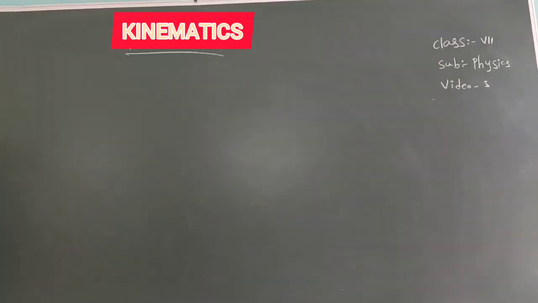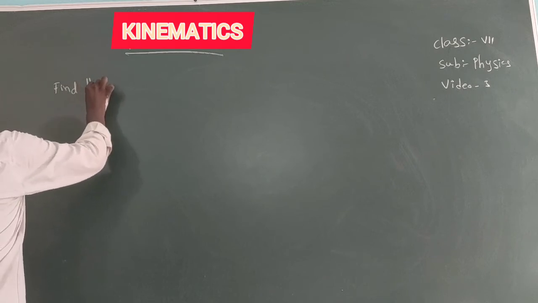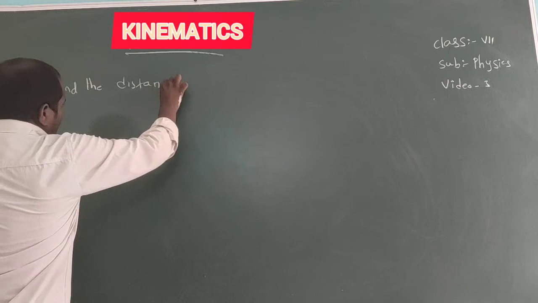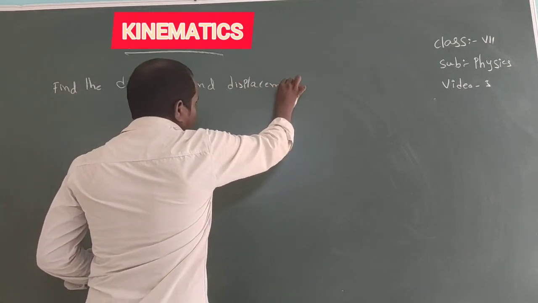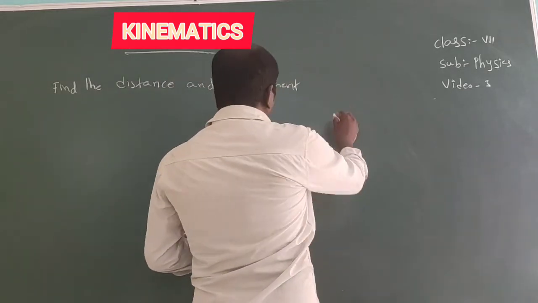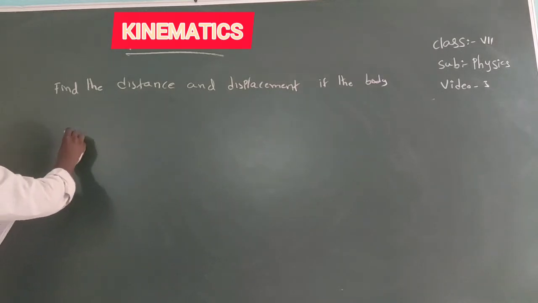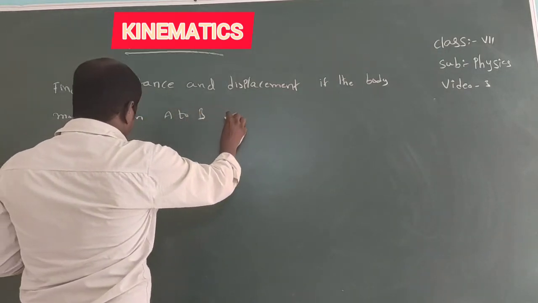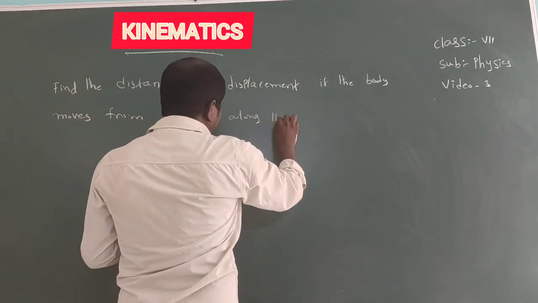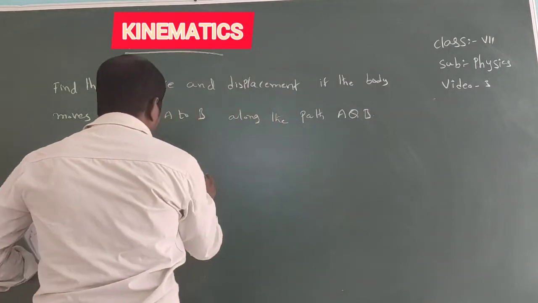Find the distance and displacement if a body is moving from A to B along the path A, Q, B.